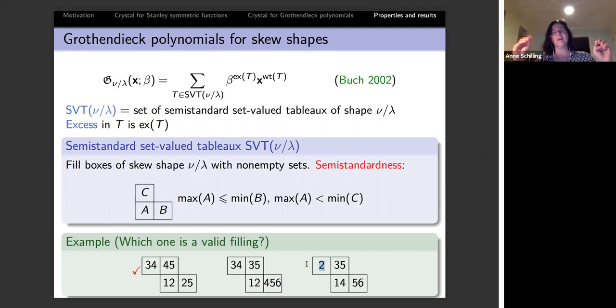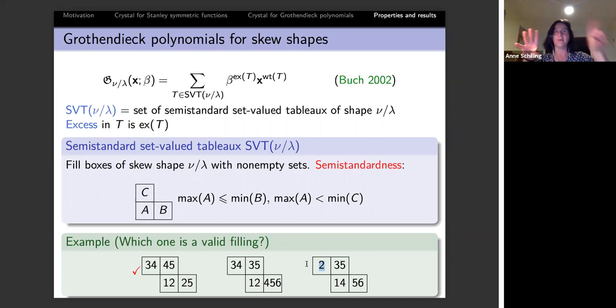And then I said that if you use the Edelman-Greene correspondence, which is some insertion algorithm, then you can map from these decreasing factorizations to normal tableaux. So there is this commutative diagram where you have the crystal on these decreasing factorizations, you have the crystal on tableaux, and using the Edelman-Greene insertion, the two correspond to each other.